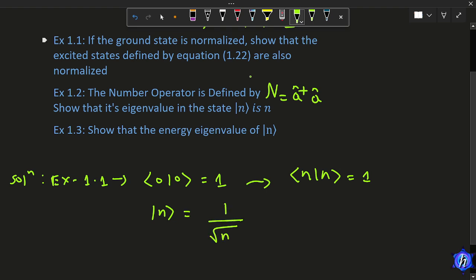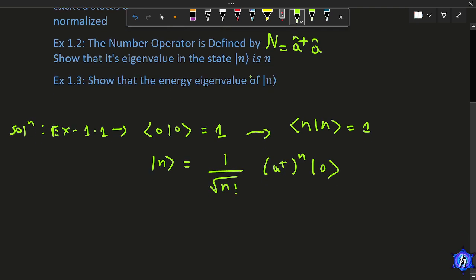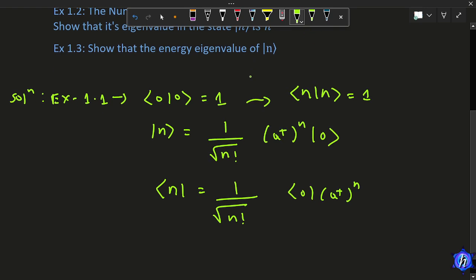Equation 1.22 was 1 upon the square root of n factorial, (a dagger)^n acting on the ground state 0. We know this from quantum mechanics, it's not a big deal. Now we can calculate this.